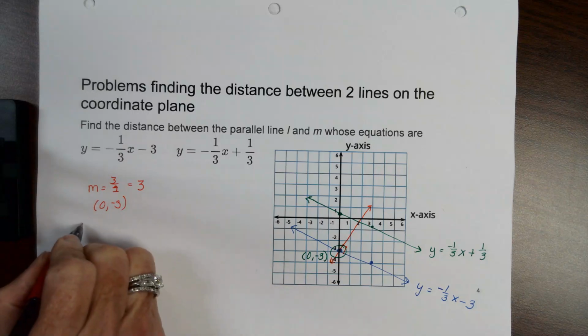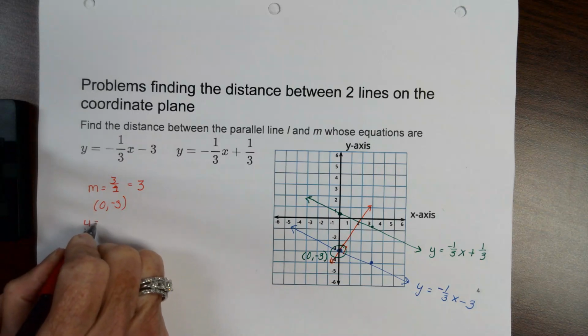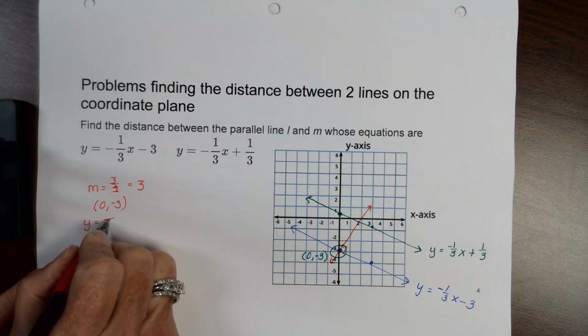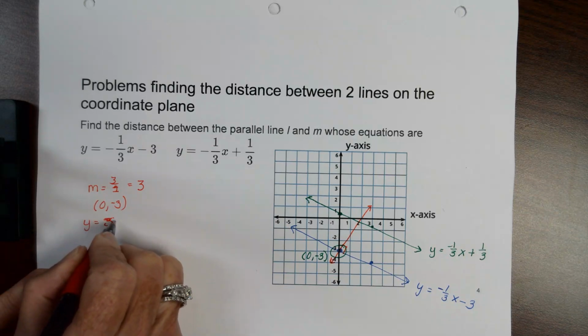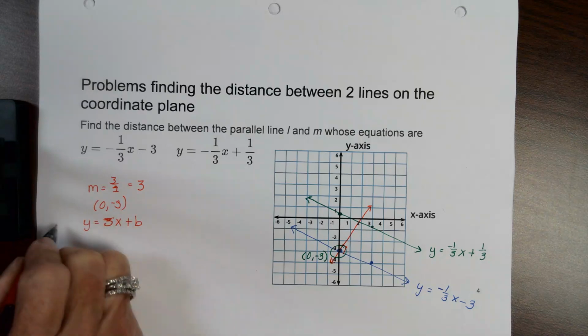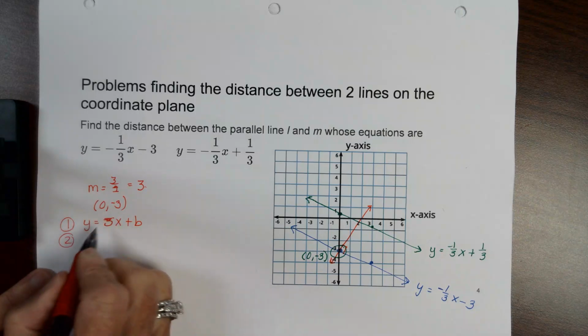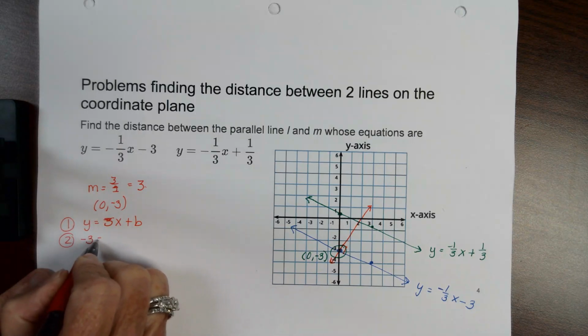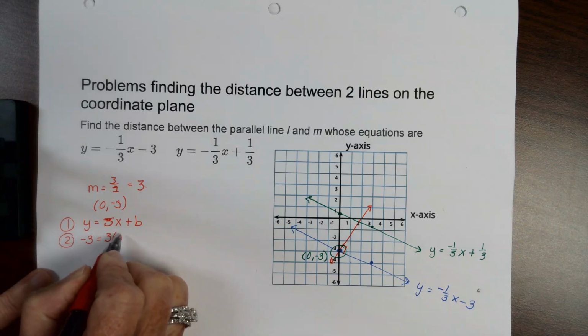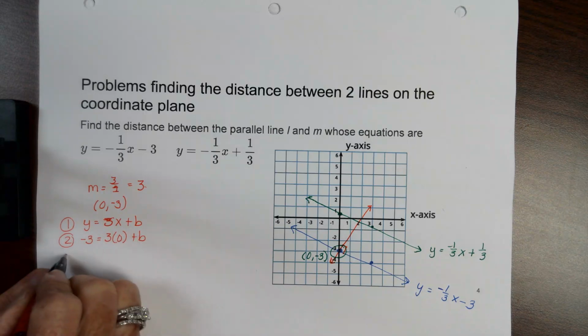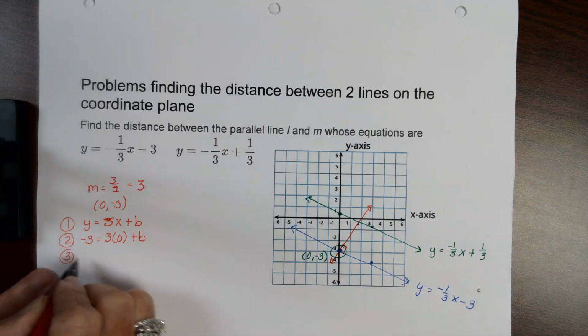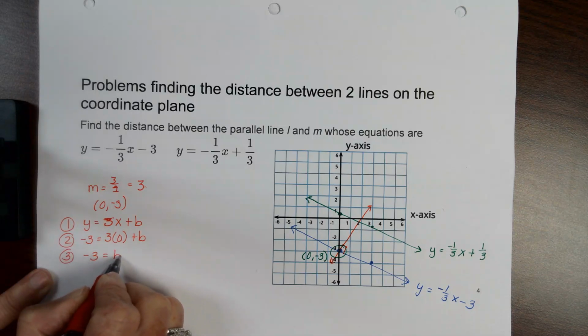So I can find the equation of the line. y equals 3x plus b. I plugged in the slope. Then I'm going to plug in the x and the y value. So negative 3 equals 3 times 0 plus b. Then I'm going to solve for b.